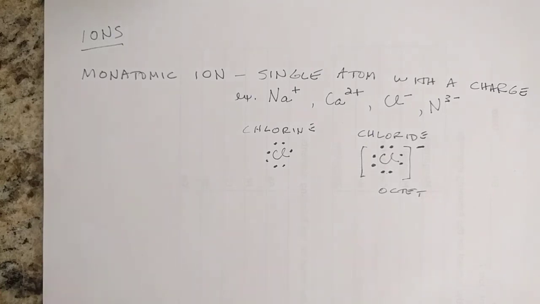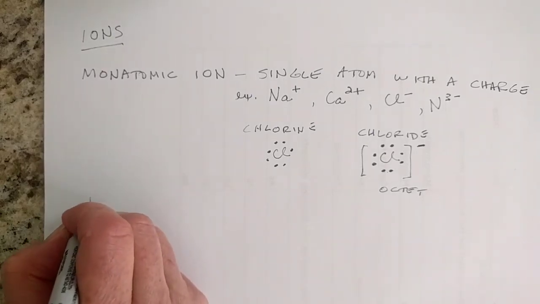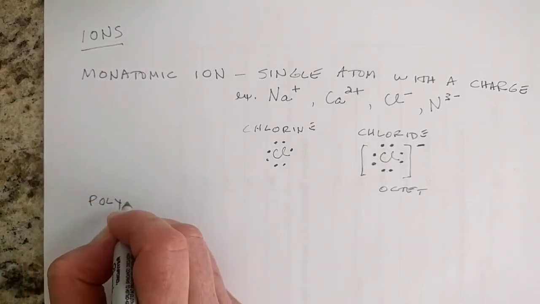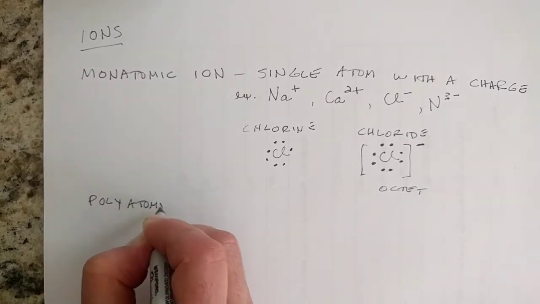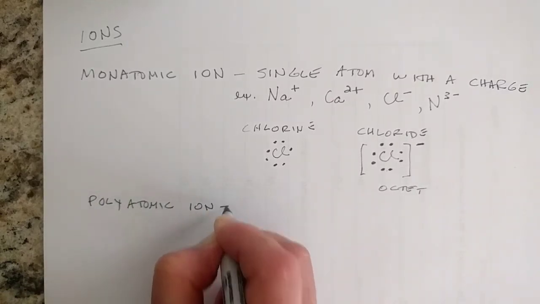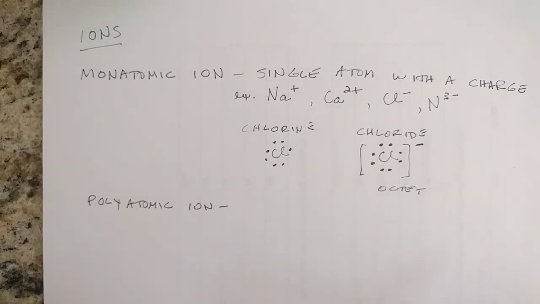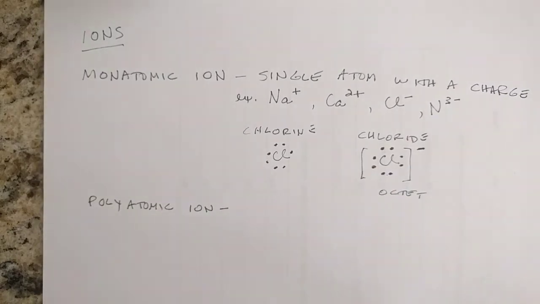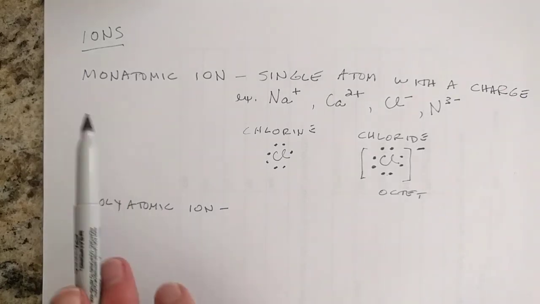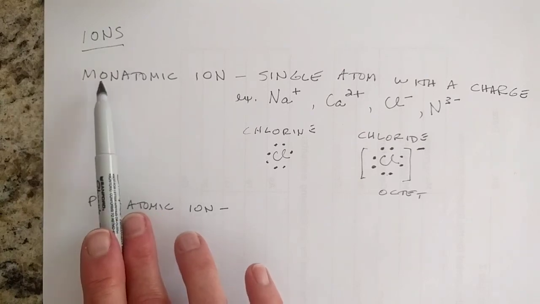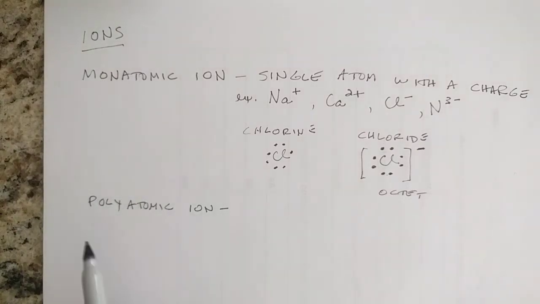All right, we also have what are called polyatomic ions. A polyatomic ion is a group of covalently bonded atoms with a charge. So here this is like monatomic, mono meaning one atom. Here poly meaning many, or at least more than one atom.